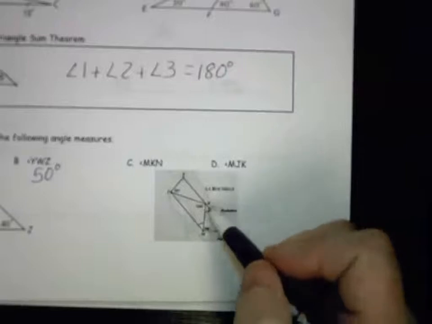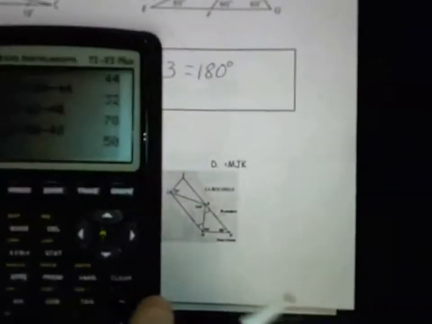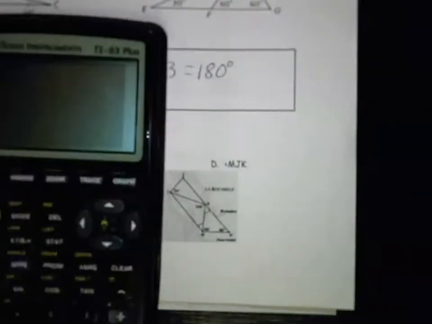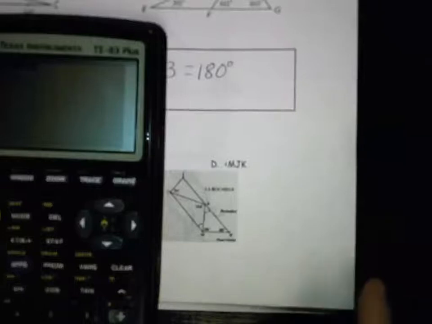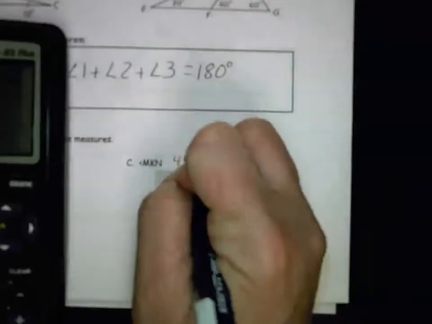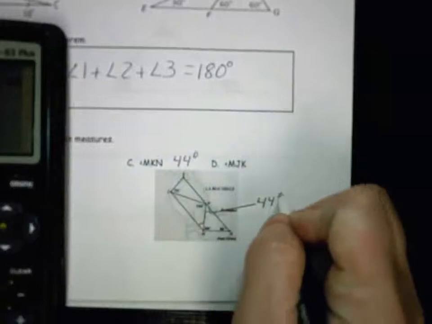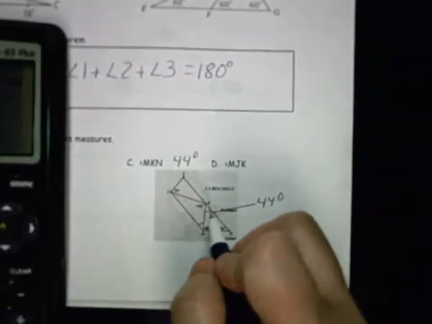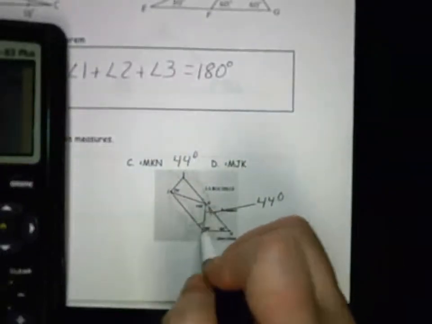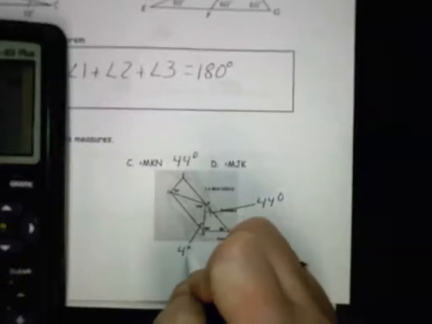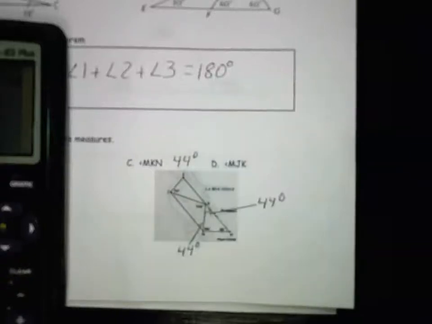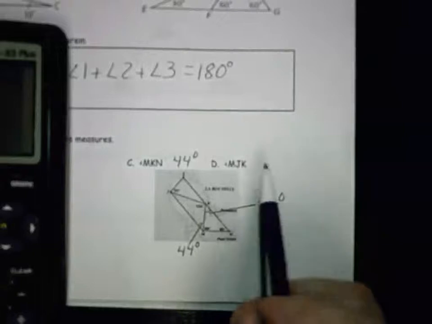The next one, angle MKN. We have 3 angles in a triangle, so we can do 180 minus, I think that's 88 and 48, which makes this angle 44 degrees. Well, if that angle is 44 degrees, these two things are equal, and that is also 44 degrees.